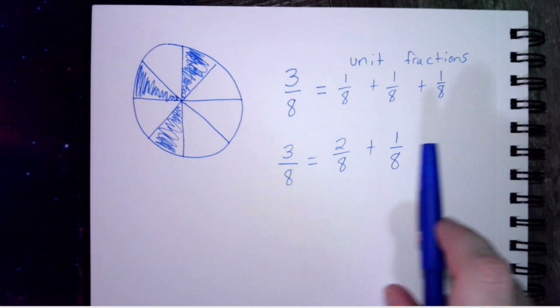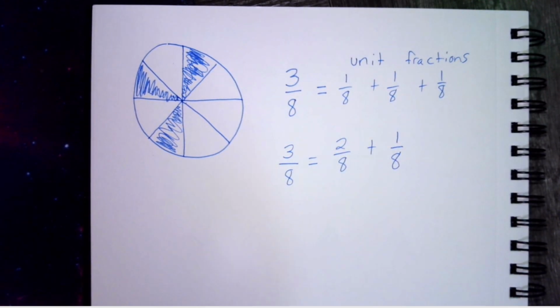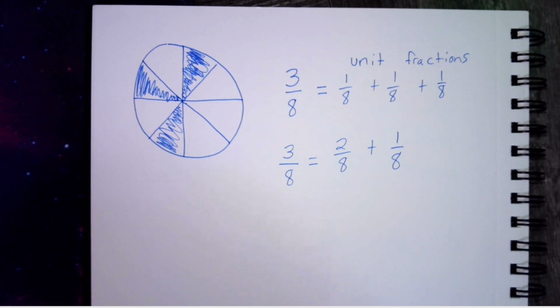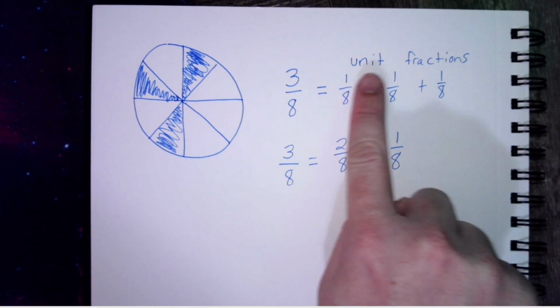Or you could have flipped it and said 1/8 plus 2/8. You could have used the commutative property of addition. Okay, so again, it's not an incredibly complex thing to do to decompose and compose fractions, but it just helps you think of the individual pieces or the unit fractions. Again, what we did is we looked at how to compose fractions by looking at the models, and we also talked about how to decompose those fractions into their unit fraction forms.